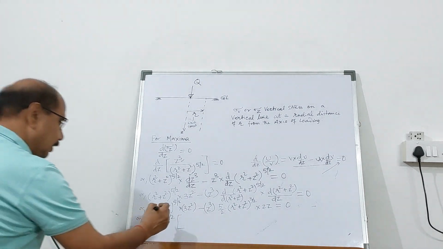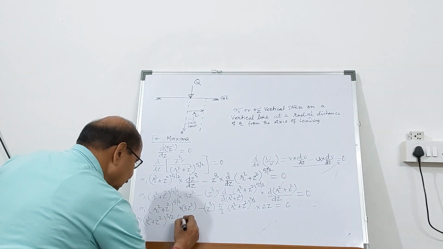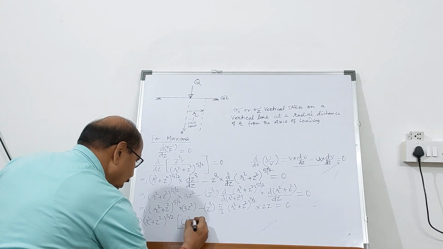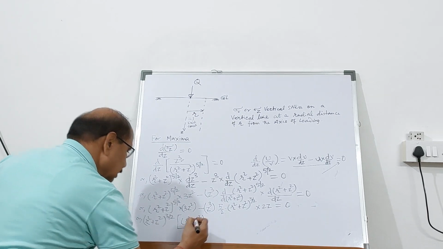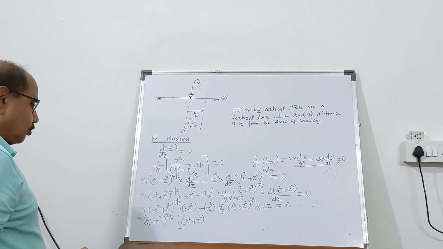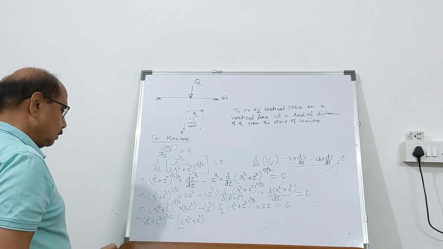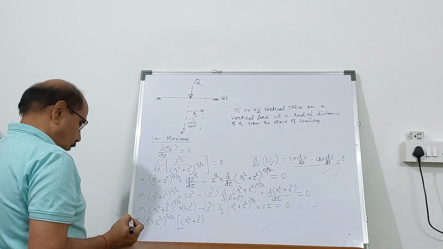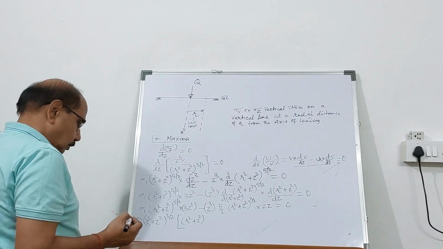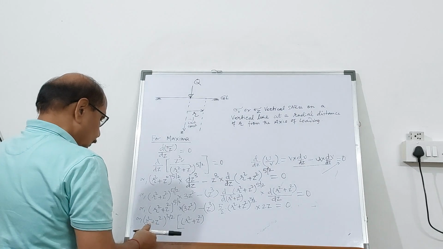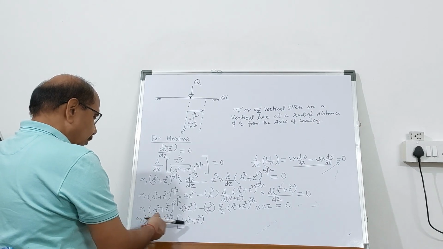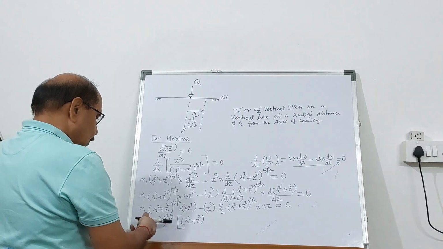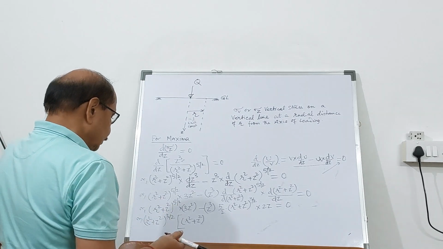So here what remains is r square plus z square. If you multiply it, it becomes 5 by 2.